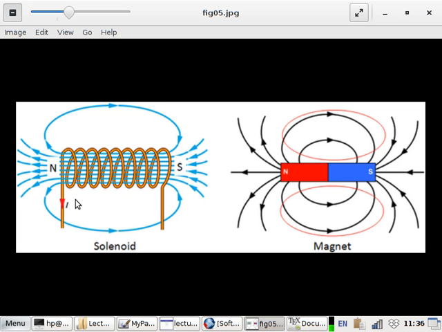The current is coming out here and going in here. Which one is first? This end is in. In is first. Well, in is on the right in my picture.